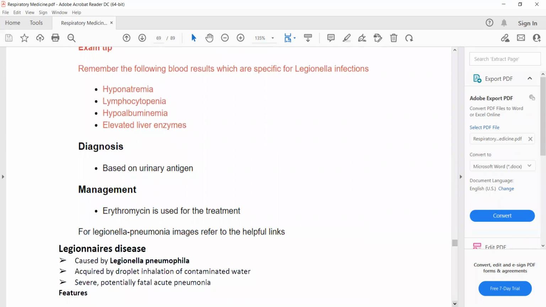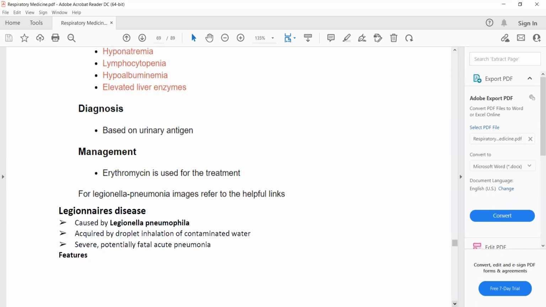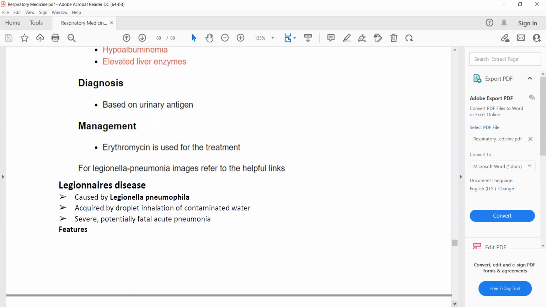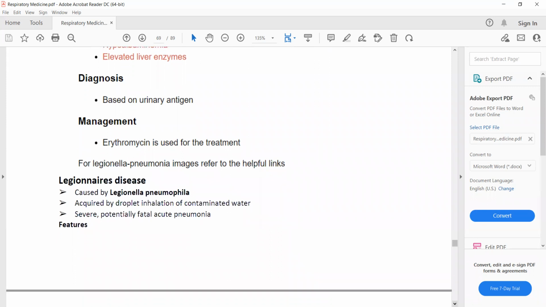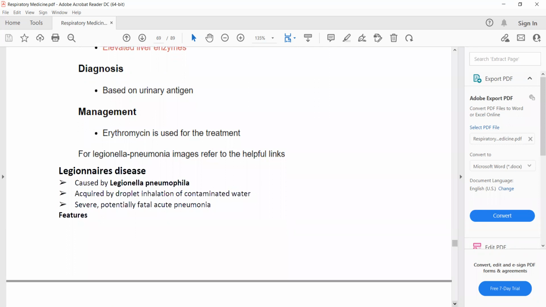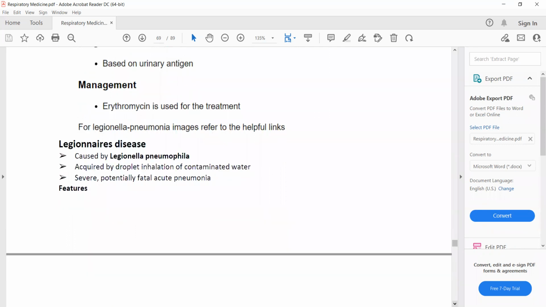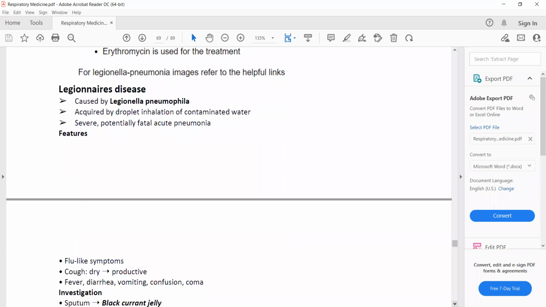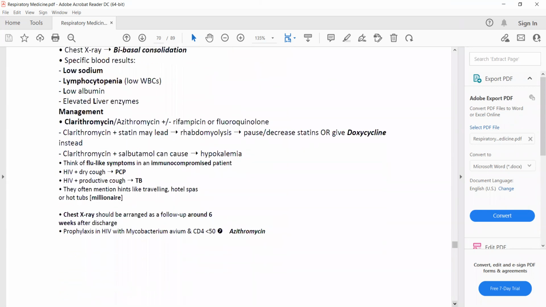Diagnosis is based on urinary antigen. Erythromycin is used for the treatment, or clarithromycin can also be used. So mycin drugs are used in the treatment of atypical pneumonia such as Legionella and Mycoplasma.